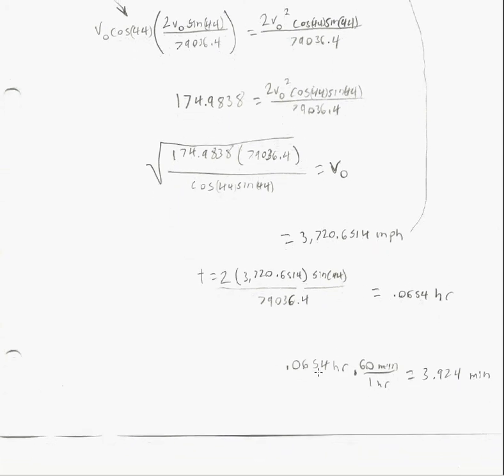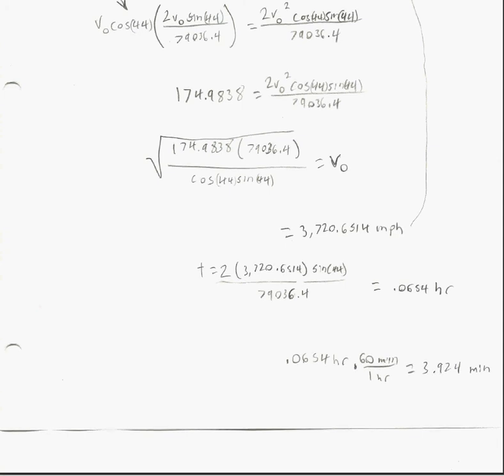If we transcribe to minutes, that comes out to 3.924 minutes. So the rocket takes 3.924 minutes to hit the ground after it is launched.